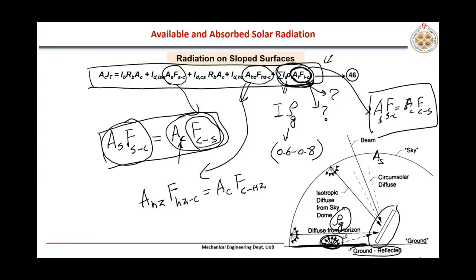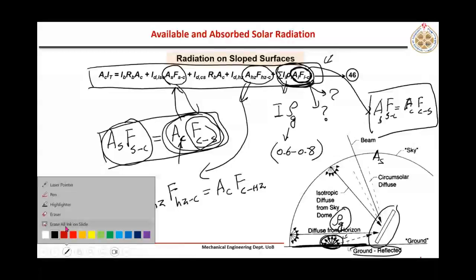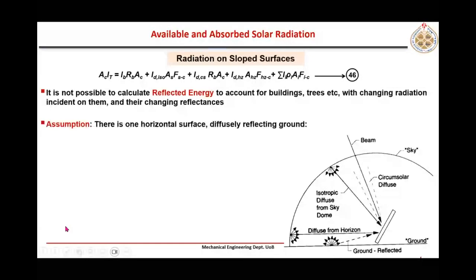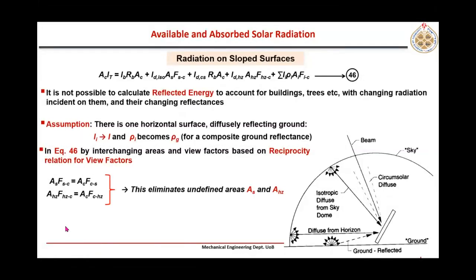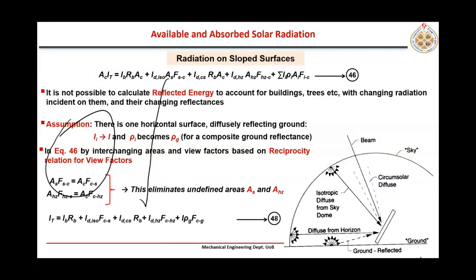Okay, so now let's introduce these terms into that equation. This will make our equation much simpler and easy to solve. So I have discussed all these points. Now we implement these into this main equation, 46. Throughout you will have collector area.